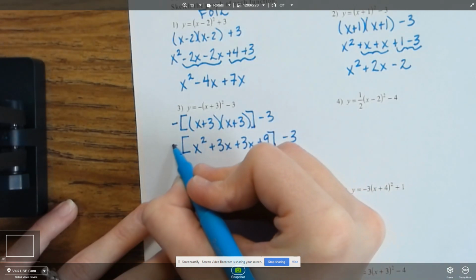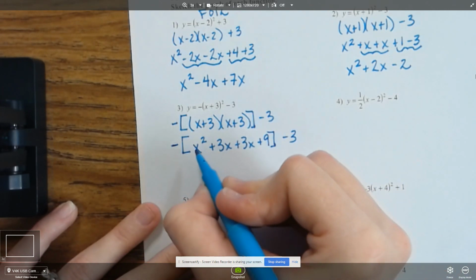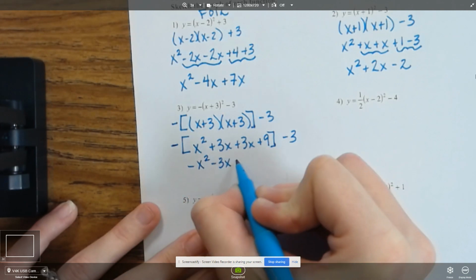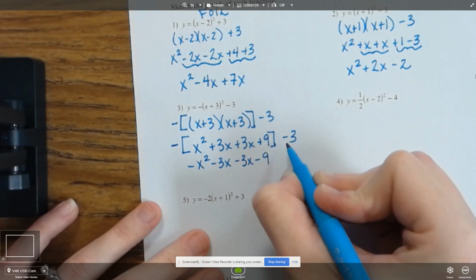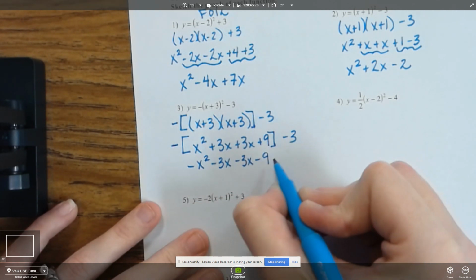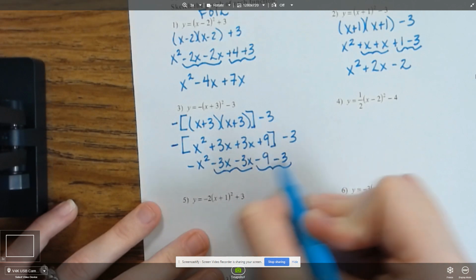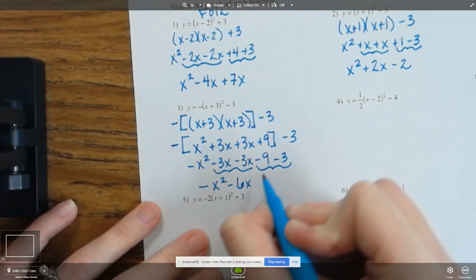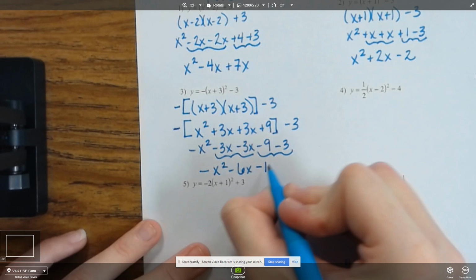And then this negative is multiplied by everything inside. So everything changes signs. So this would be a negative x squared, negative 6x, minus 9. And then this minus 3 is not touched. And so combine like terms. So we would have negative x squared minus 6x, and then a negative 9 and a negative 3 give us a negative 12. So minus 12.